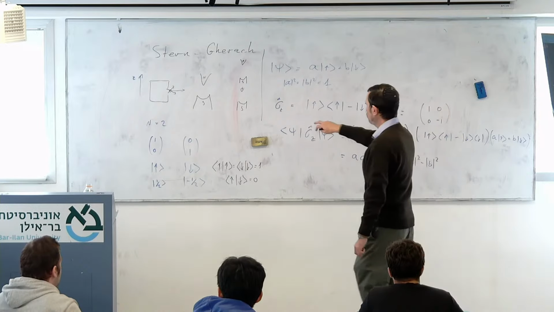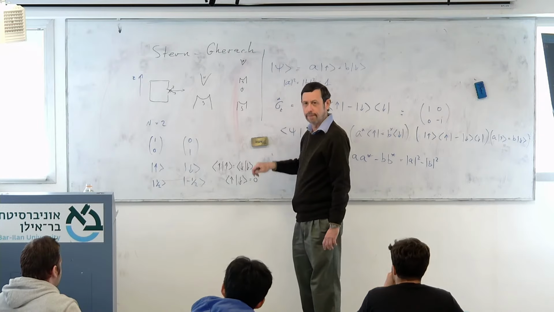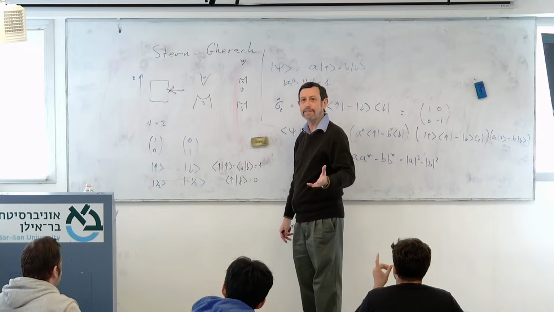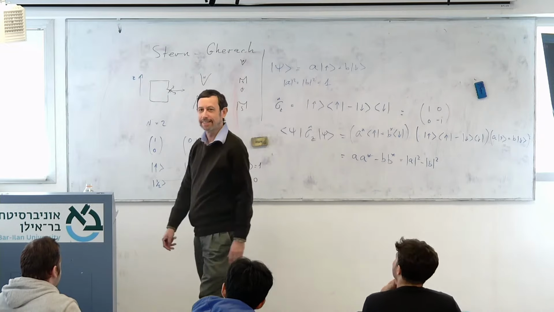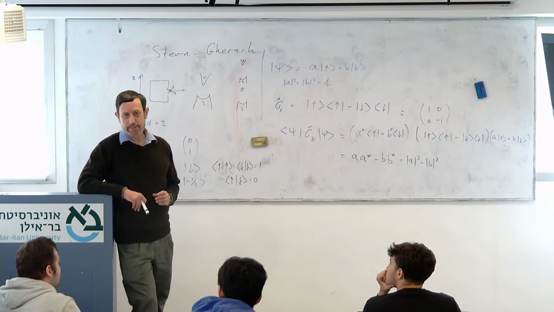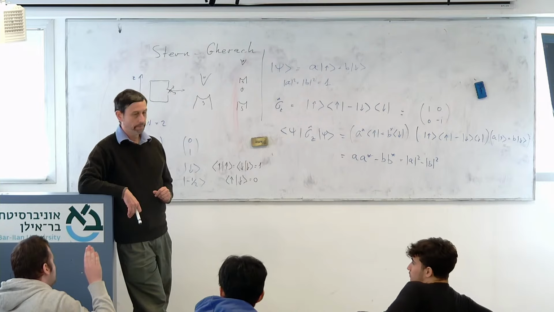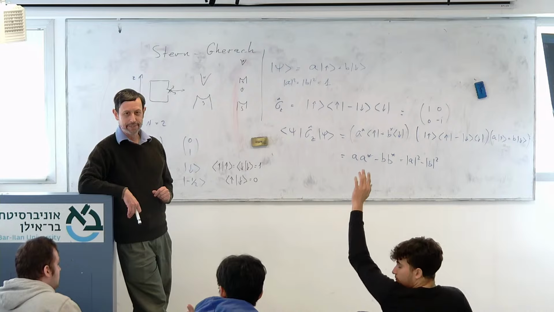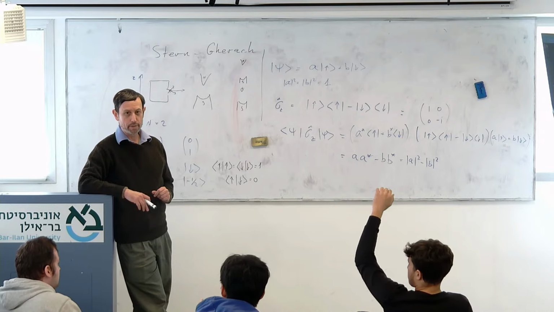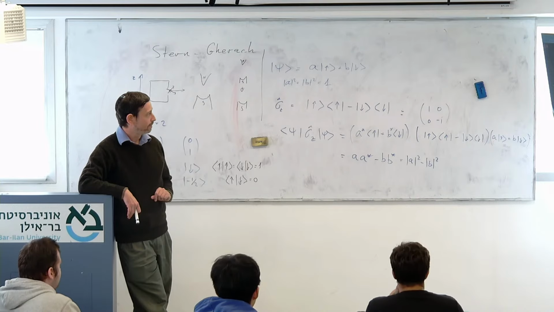I'll see four points here. Maybe four, but maybe not. Okay, I didn't organize a Kahoot, so let's do it by showing hands. How many of you think that there will be four? How many, two? So democracy works.